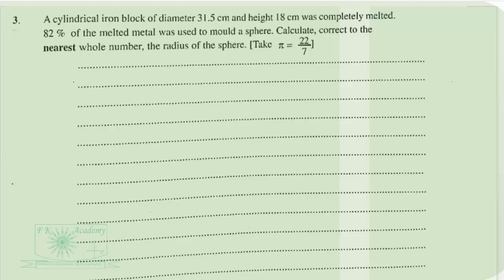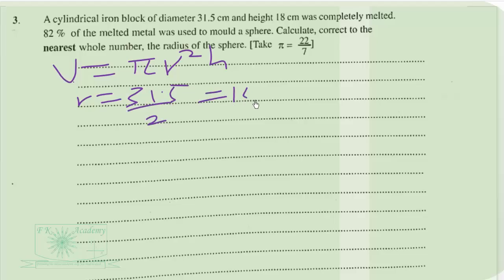So with the given information, we can find the volume of the cylindrical iron block. The volume is given by pi r squared h. So we know the radius will be equal to 31.5 over 2, which is equal to 15.75 centimeters. Then we're given the height to be equal to 18 centimeters.